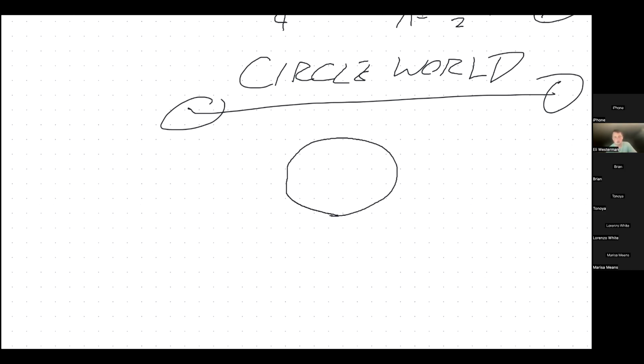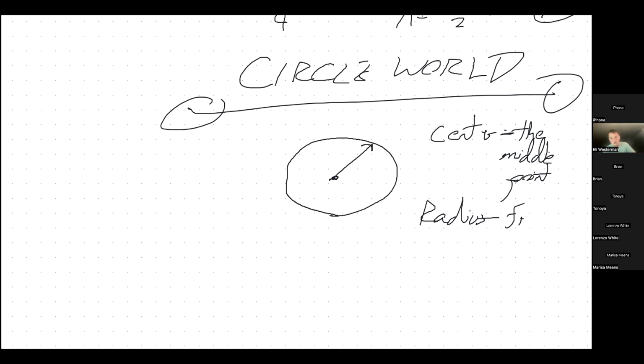So there's the center. This is stuff you need to memorize. The middle point. Then from the center, we can have a radius.